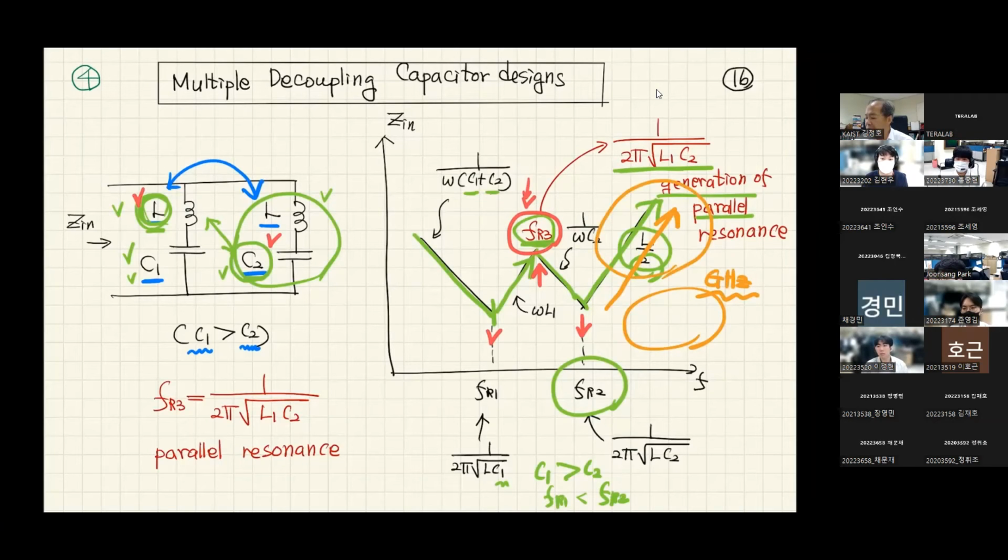One way to solve that is to reduce the distance between your decoupling capacitors and your switching circuit. One way to do that is to put many decoupling capacitors inside your chip, but it takes a lot of cost. So for silicon or package, we need more and more package decoupling capacitors. And also, a third approach is we have to increase the number of decoupling capacitors in this frequency range.